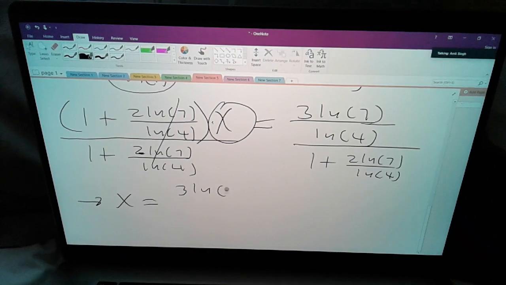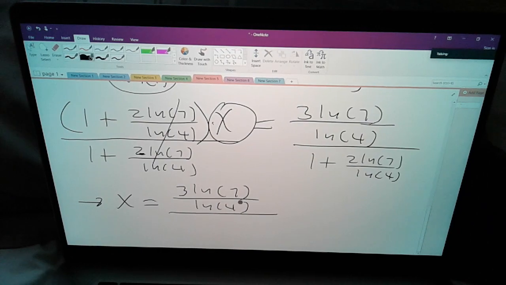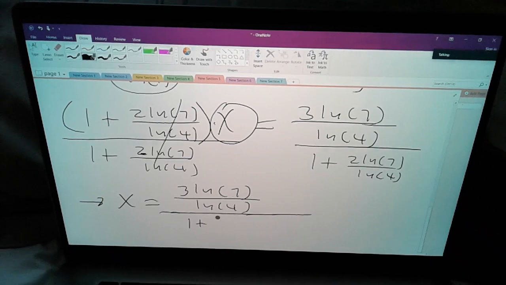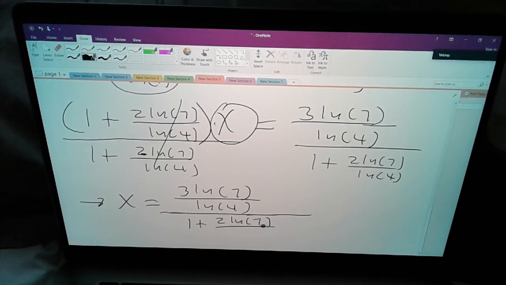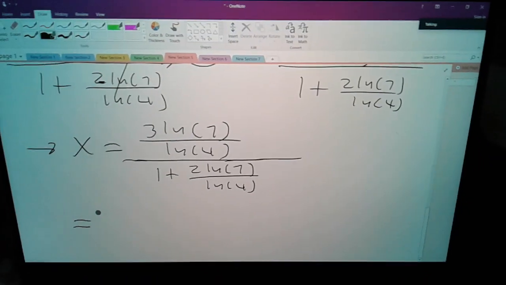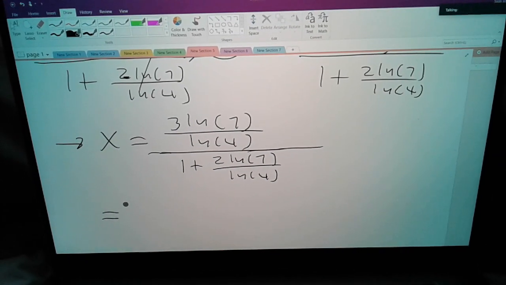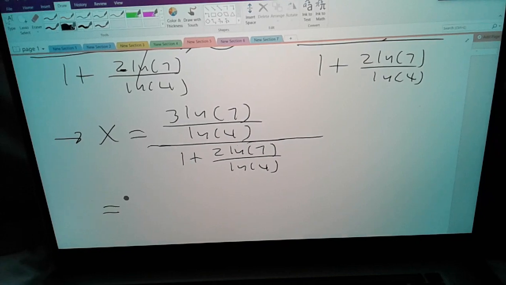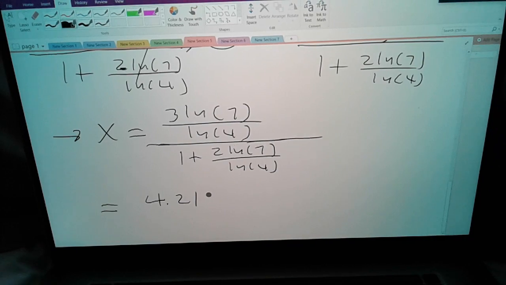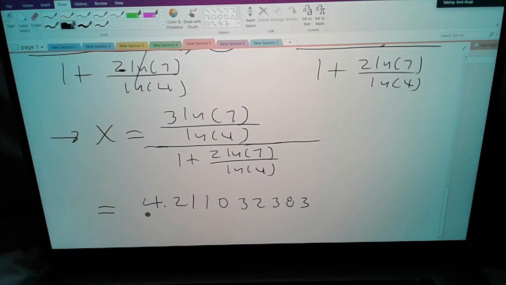Now I need a calculator to do all this. If I do the top part, I'm going to get 4.211032383 on top.